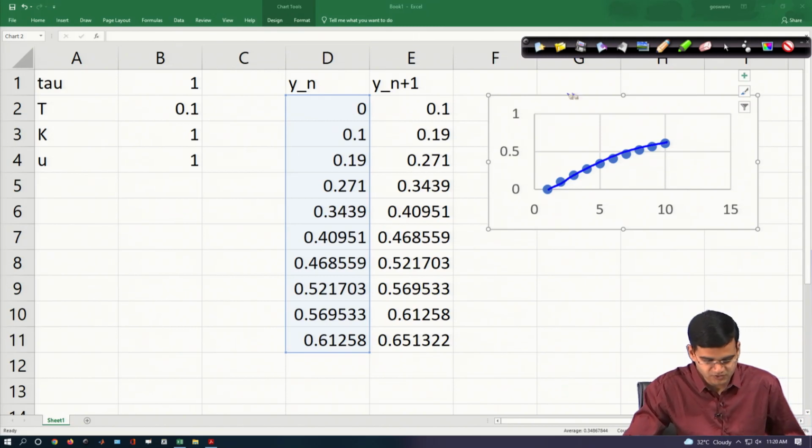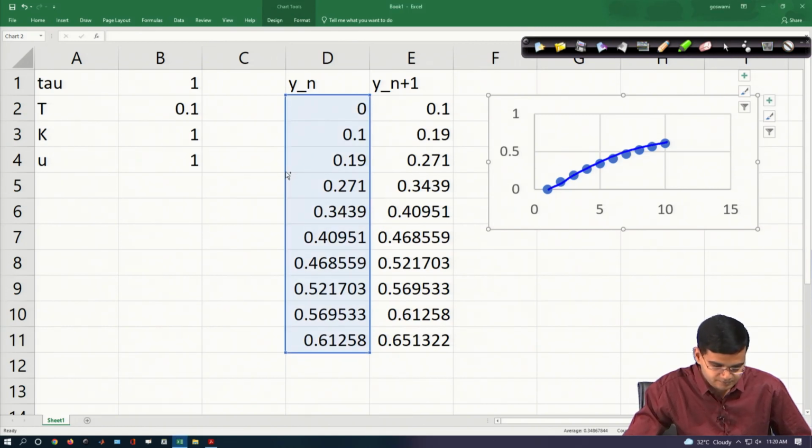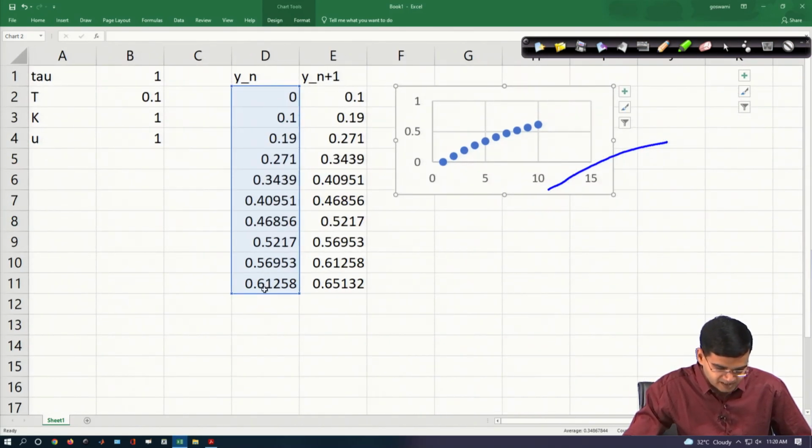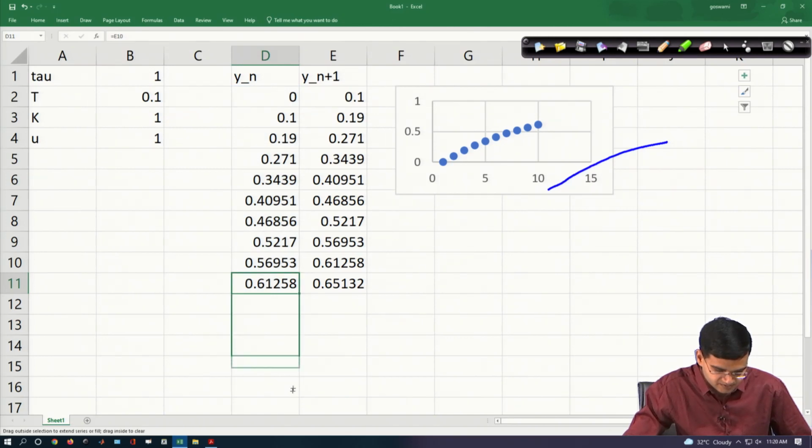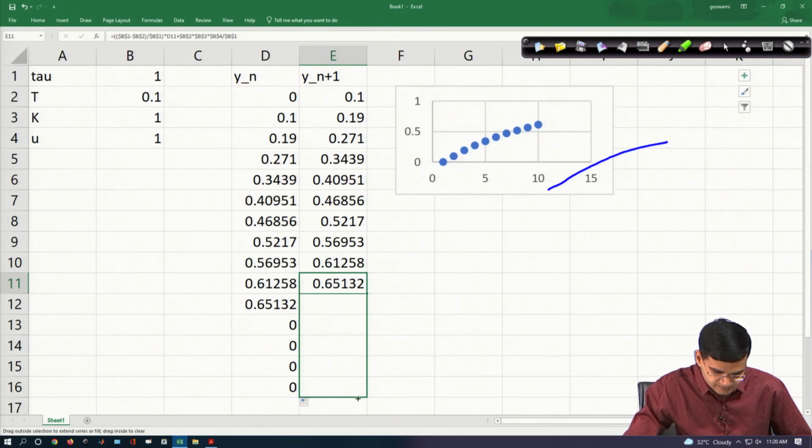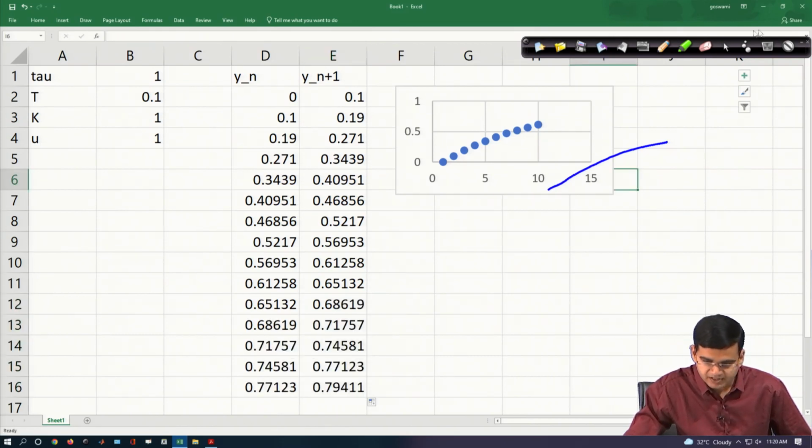Well, I can as well do one thing. I can make one more change. I can propagate the system further. Okay. And then I can make this plot further.